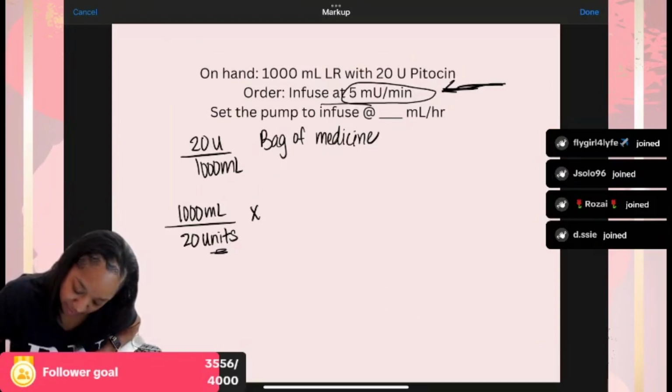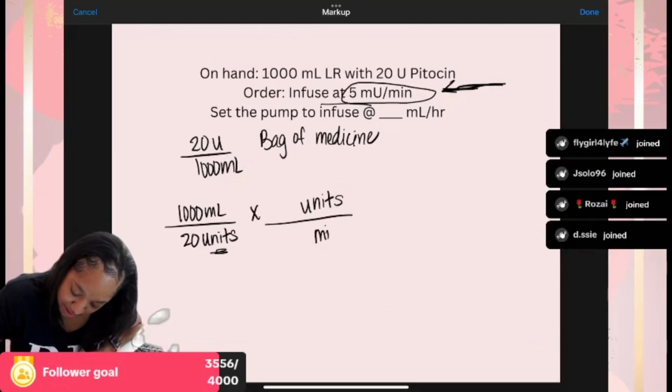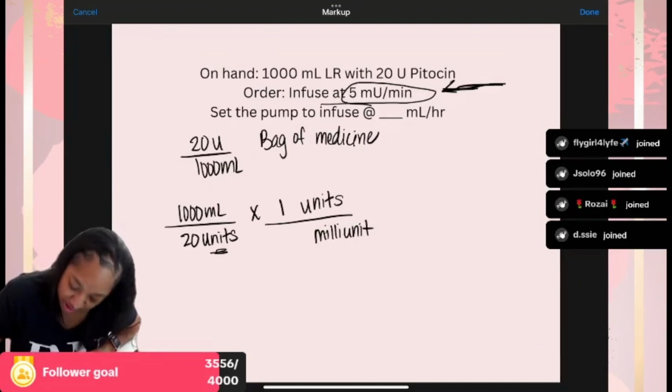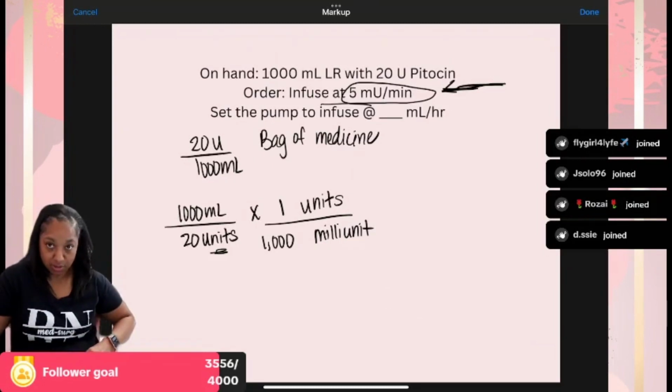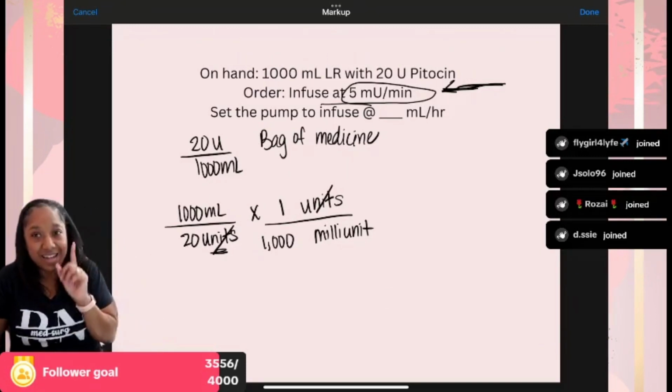So if I put unit on the top because I want it to cross out, and I have milliunit on the bottom, 1 unit is 1,000 milliunits. Okay, so that's going to cross out and that's going to cross out.